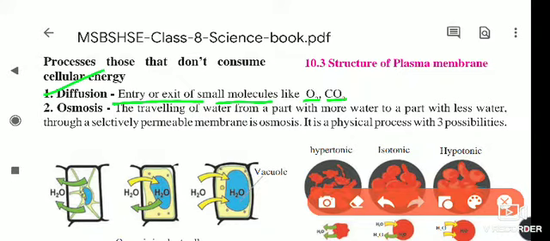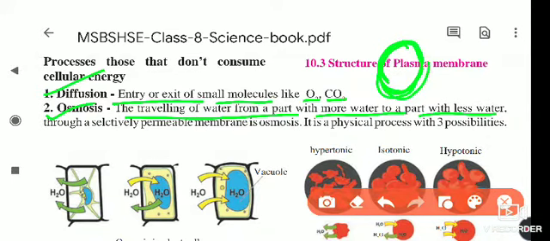And osmosis is the traveling of water from a part with more water to a part with less water. For this, if we take raisins and keep them inside water, what happens? After some time, the raisin swells.